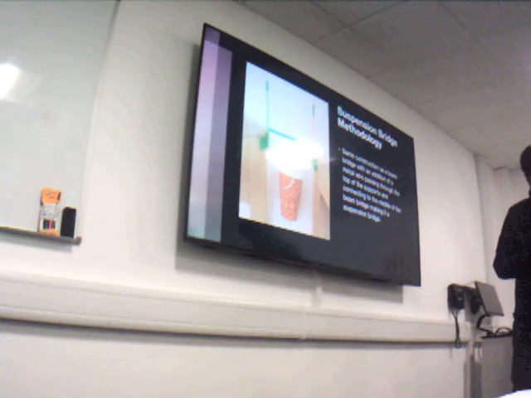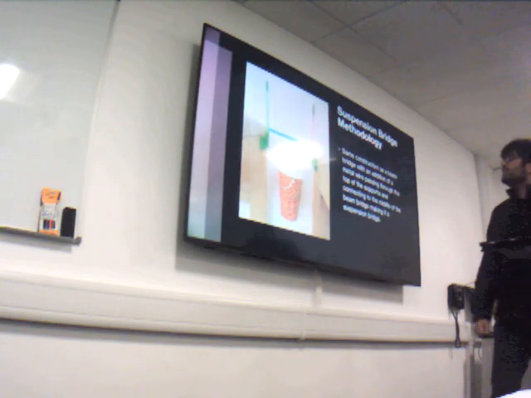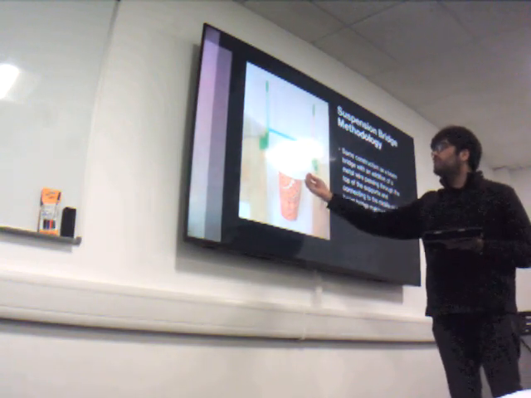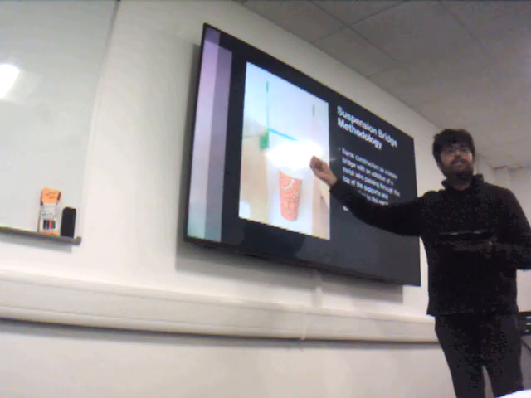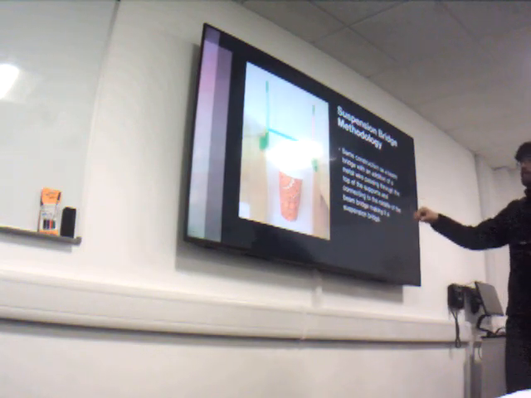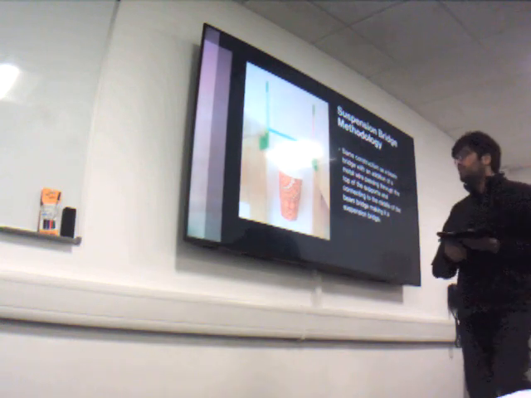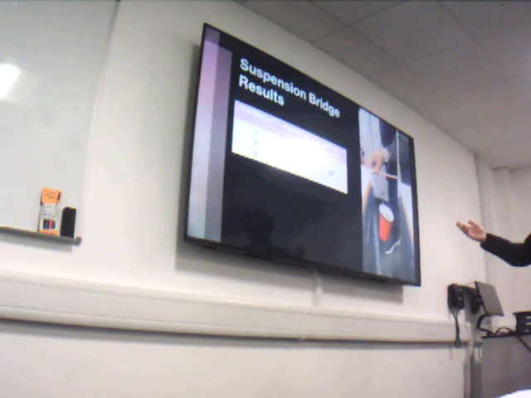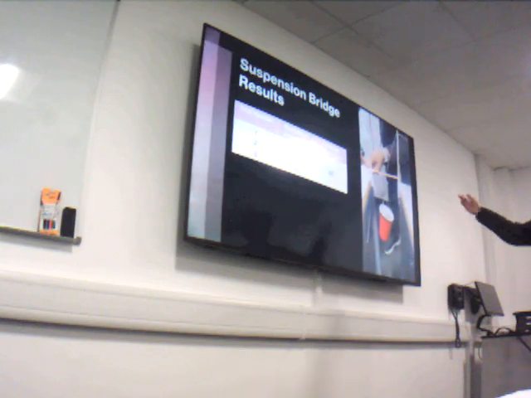And then we added a paper cup to the bridge, which acts as a weight, and then we started adding paper clips into it. So this was the result of our suspension bridge. We did 3 trials, each adding more and more weight or sometimes less, depending on how much weight each beam took to fail.